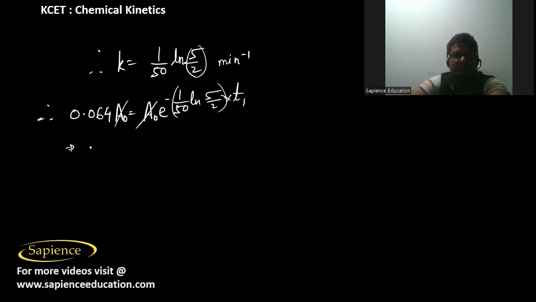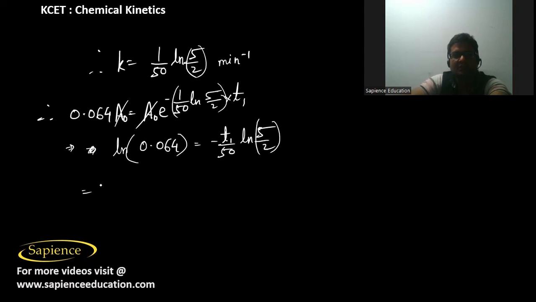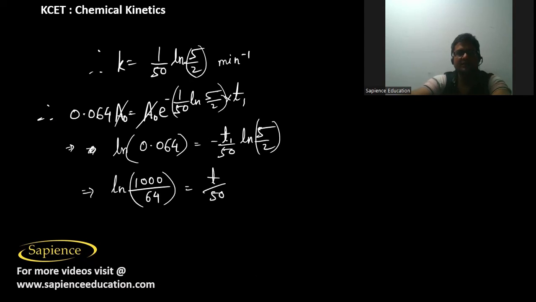So A naught will cancel out, and ln 0.064 equals minus t1 by 50 ln 5 by 2. So this is actually ln 64 by 1000, or I can say ln 1000 by 64 equals t by 50 ln 5 by 2.